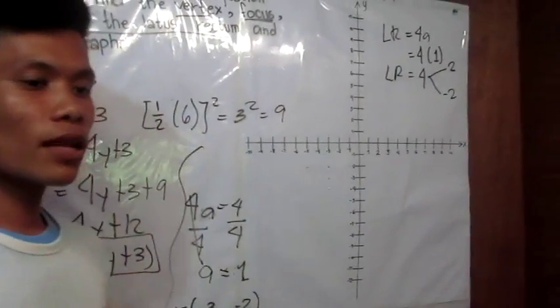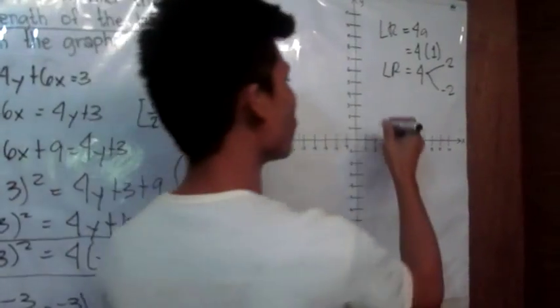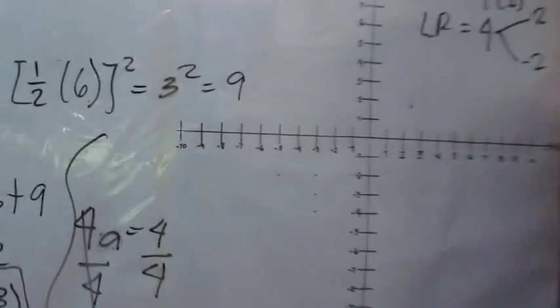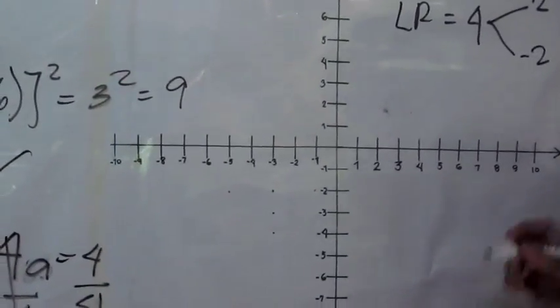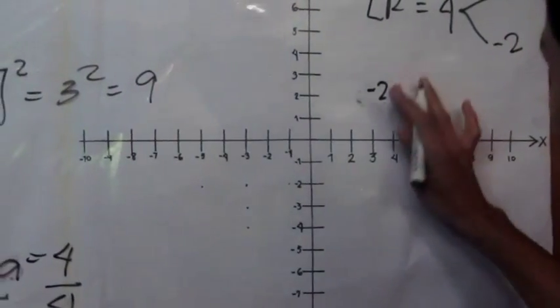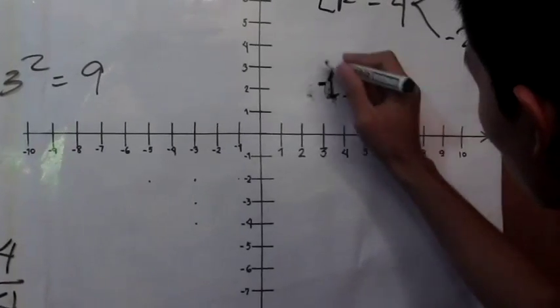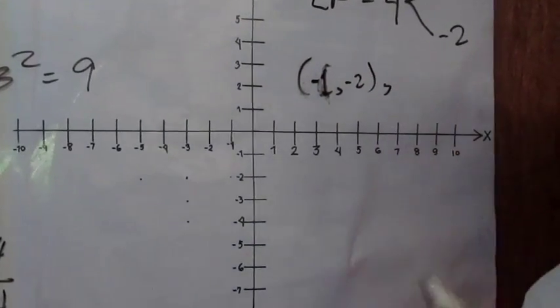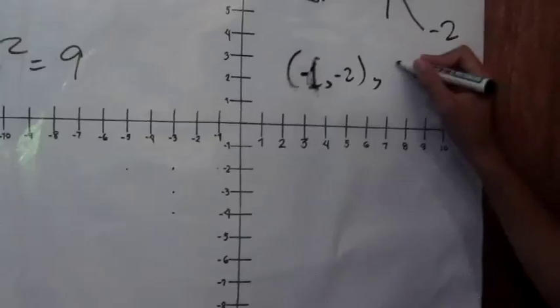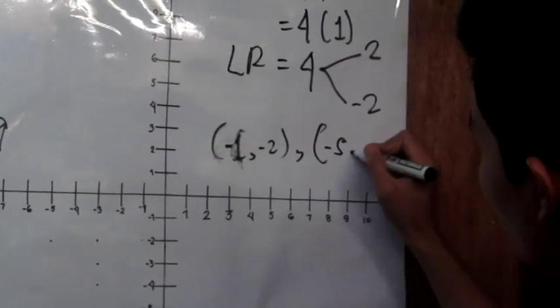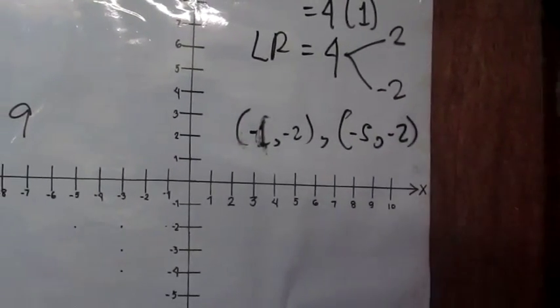And then our endpoints of the latus rectum are negative 1 and negative 2. And then the other endpoint of the latus rectum is negative 5 and negative 2.